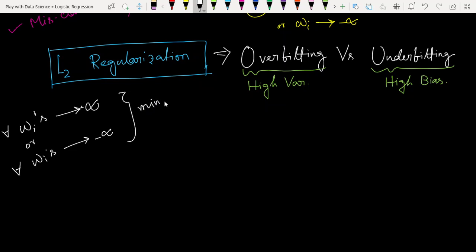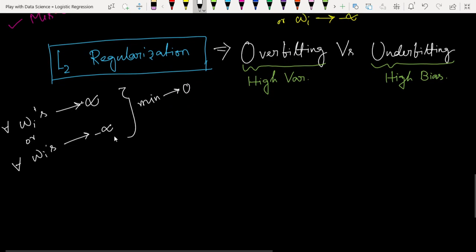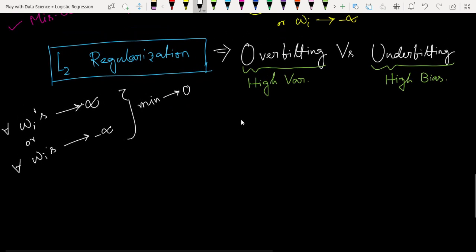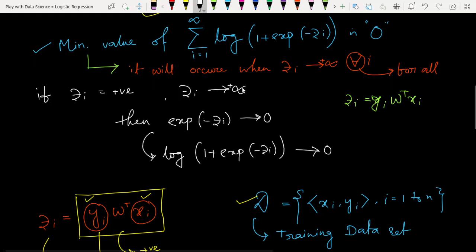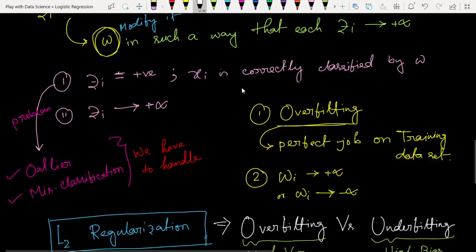Now, one key aspect we have not used till now in our mathematical optimization problem, that key aspect we have to use here.